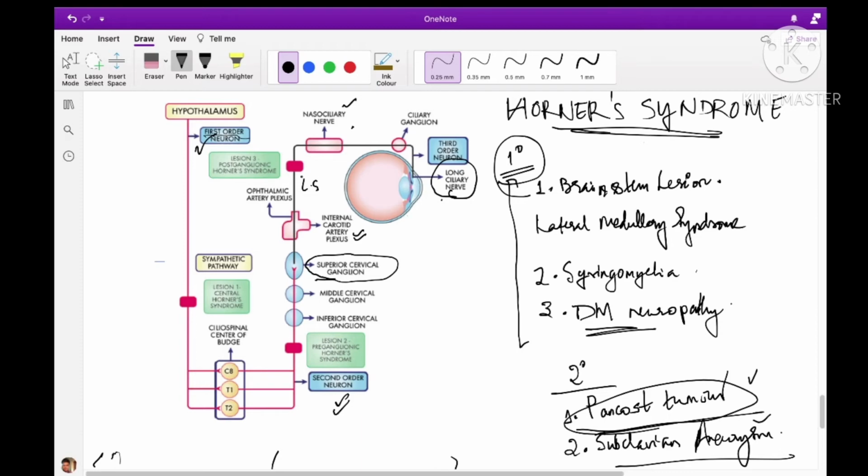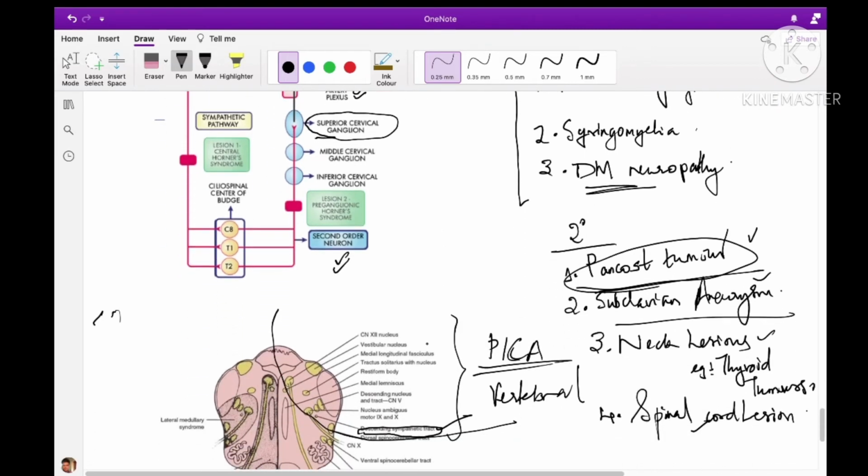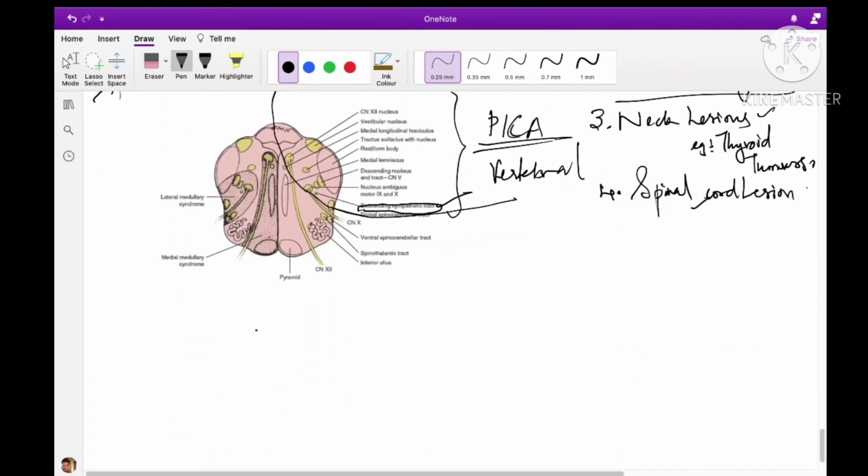Now the postganglionic, in what lesions are the postganglionic fibers involved? So the third order postganglionic fibers are involved, of course, in ICA aneurysm.